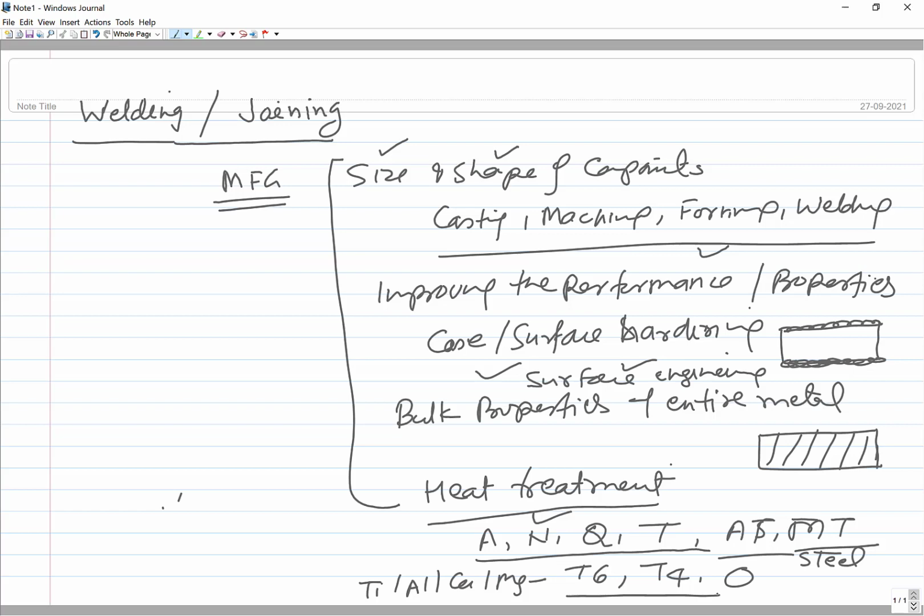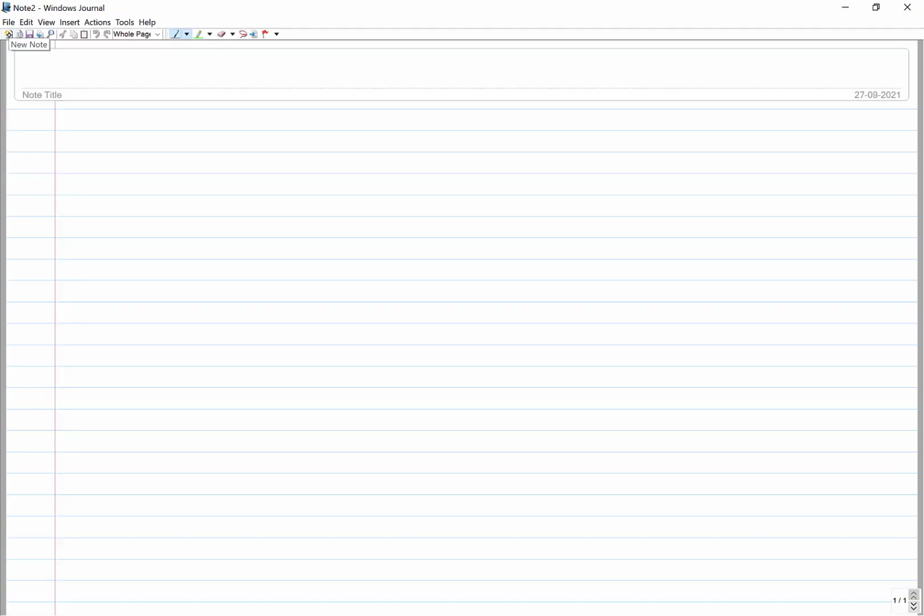These are the different heat treatments used for bulk material property enhancement. Now coming back to our joining. In this course you would have studied some other processes in some other subject, and in this subject you are studying casting and maybe forming, apart from welding. Their approaches are different, each one works on a different approach.